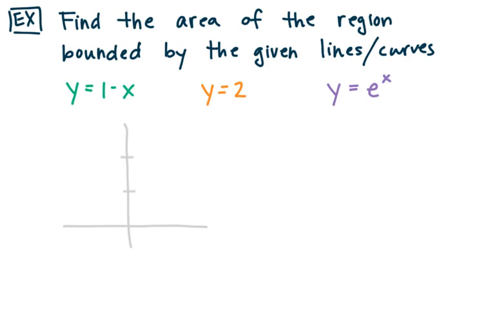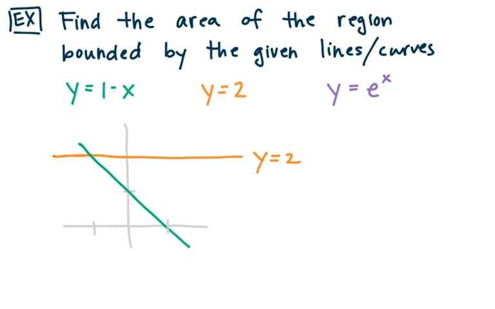Y equals 2 is a horizontal line. We also have the line y equals negative x plus 1, so that's a y-intercept of positive 1 and a slope of negative 1. So we've got that line with a slope of negative 1 passing through the y-intercept.